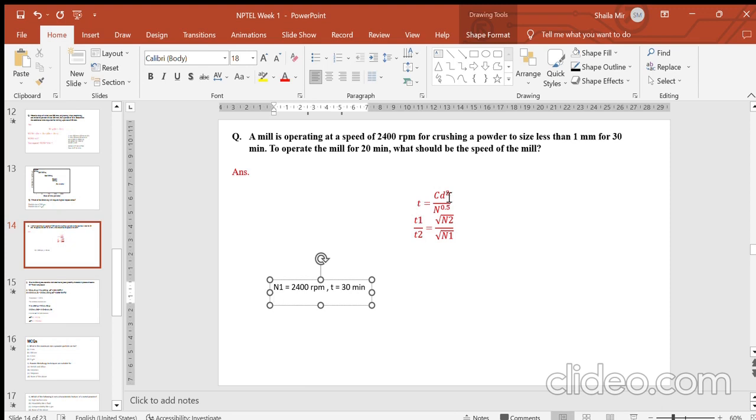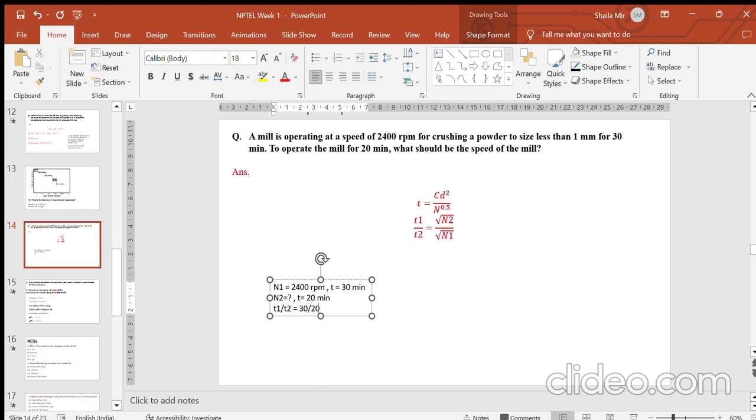Now keeping the rest of the conditions the same, because the time of the grinding depends on D square, where D is the grinding media, we are not changing the grinding media. We are keeping the mill same. We are just changing the speed of the mill. So we have to identify what is N2, and the time is 20 minutes.